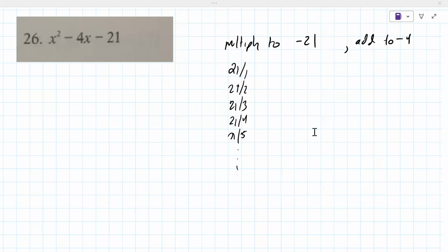So I'd have 21 divided by 5 and I get 4.2. Well, that one's out, that needs to be a whole number.